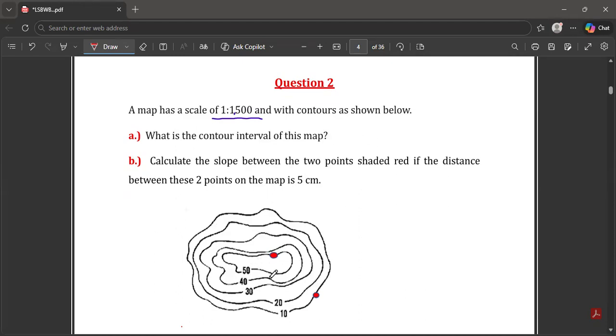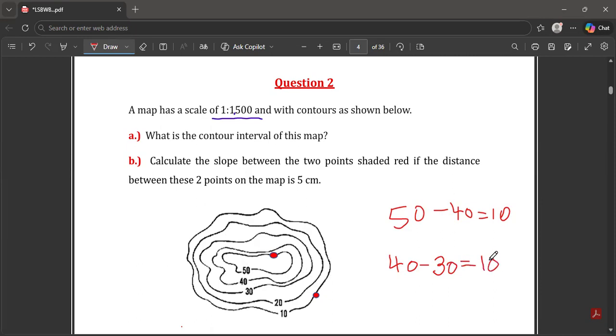To get a contour interval, you see that they are in sequence and there is a common interval between them. That is 50 minus 40, which gives you 10. Also, 40 minus 30 is going to give you 10.